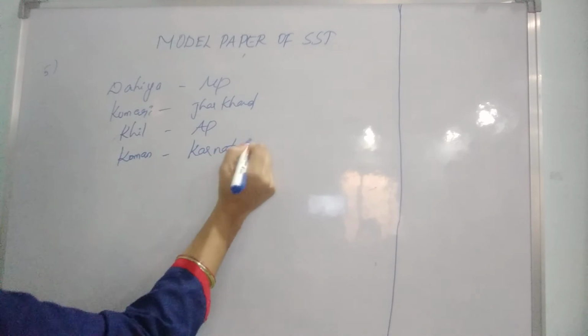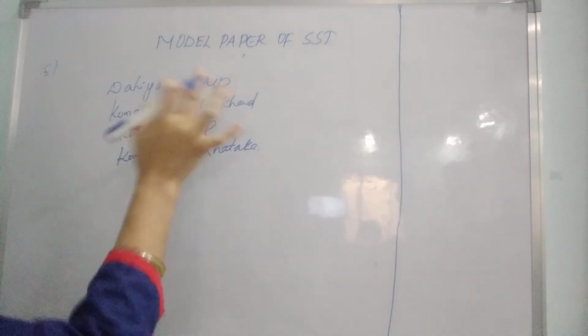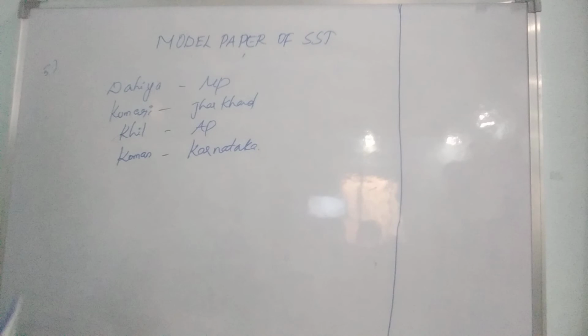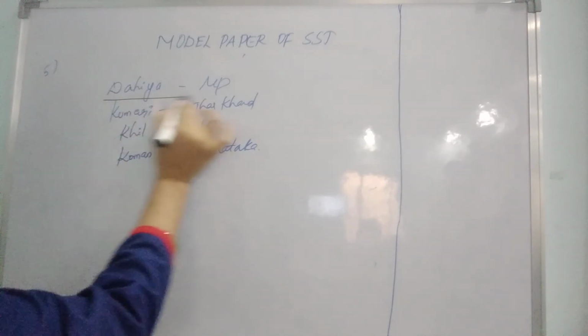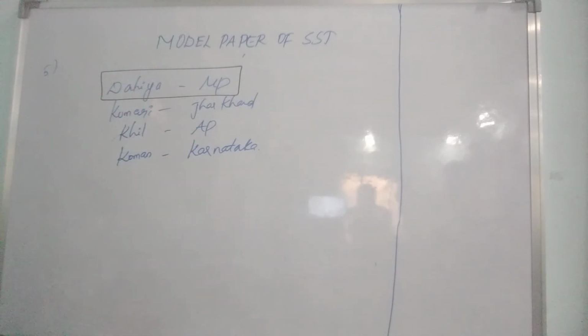Our question is, choose the correctly matched pairs about primitive cultivation in India from the following options. Which is our correct matched pair? Dahiya and MP is our correct answer.